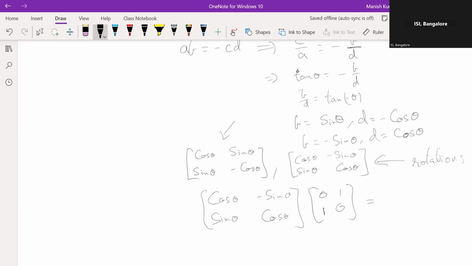You get minus sine theta. But I want to say that these two together, I mean, this matrix plus this matrix gives you everything. Yeah, so maybe one has to conjugate it, then it will be okay. This has determinant -1, so let's just do this.